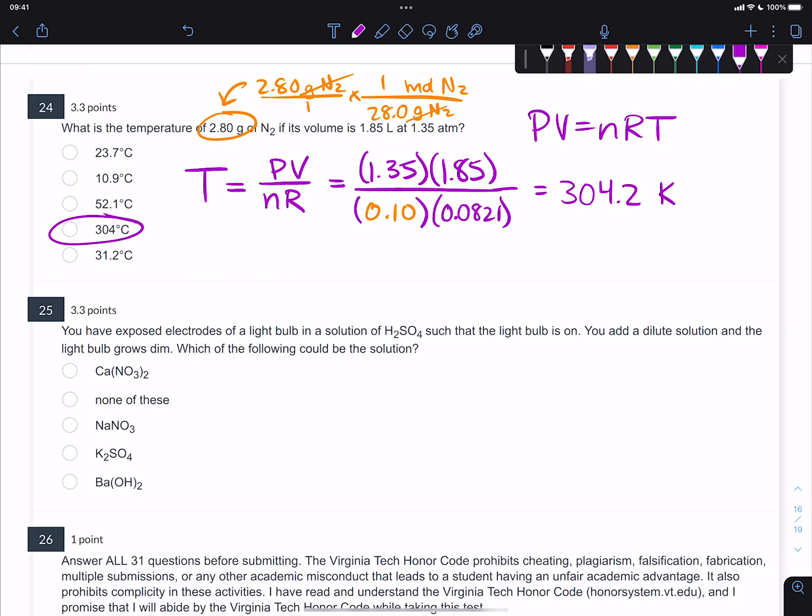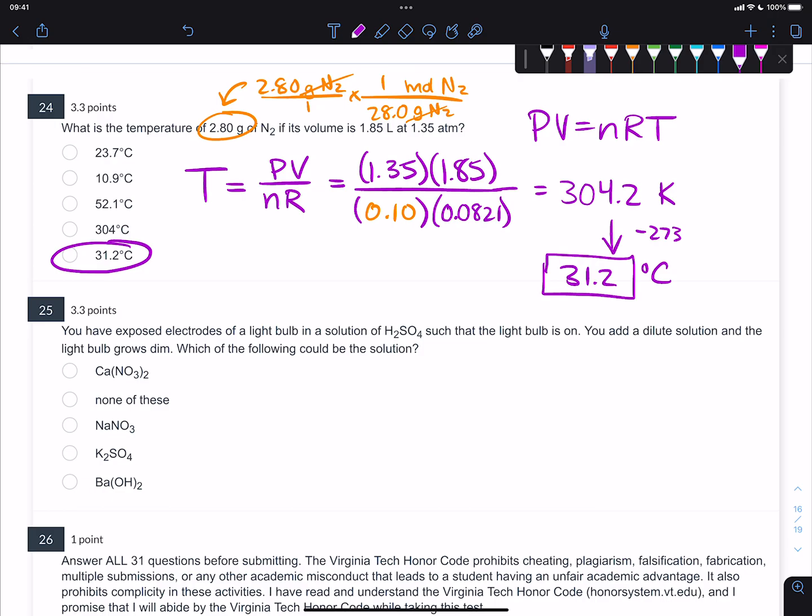And notice how that answer option is here, but that's in Celsius. Don't forget that you need to convert that into Celsius by subtracting 273. Just subtract 273 and you get about 31.2 degrees Celsius. So it's this one right here.